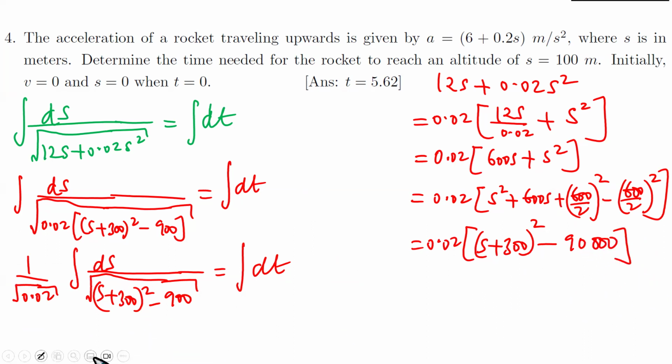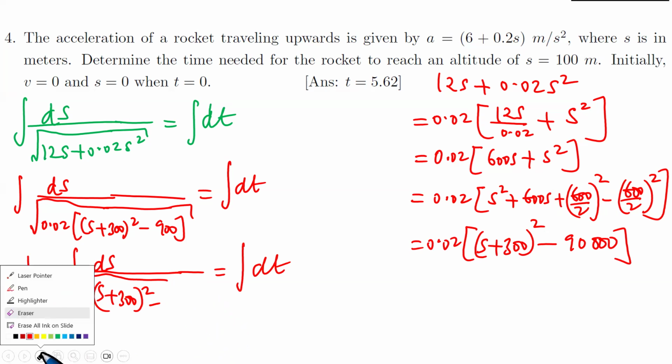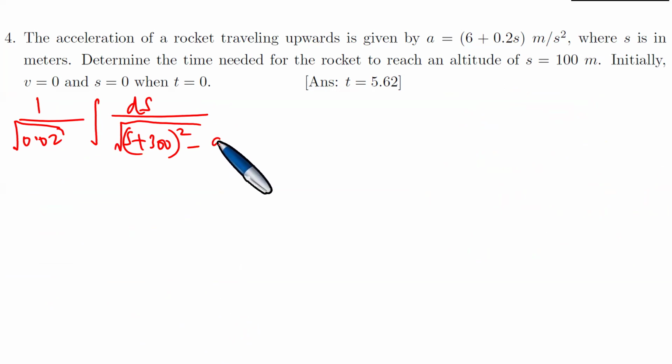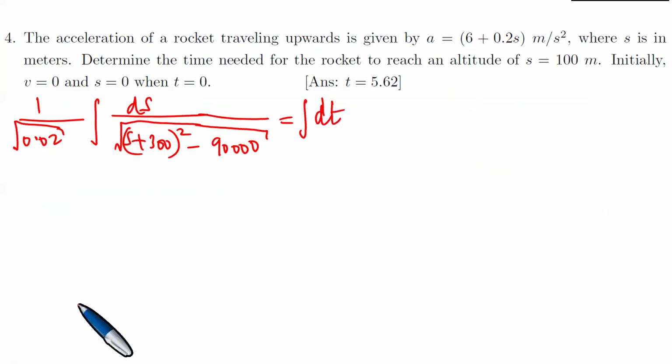So meaning that here we shall have exactly 90,000, and this is equal to the integral of dt, like so.